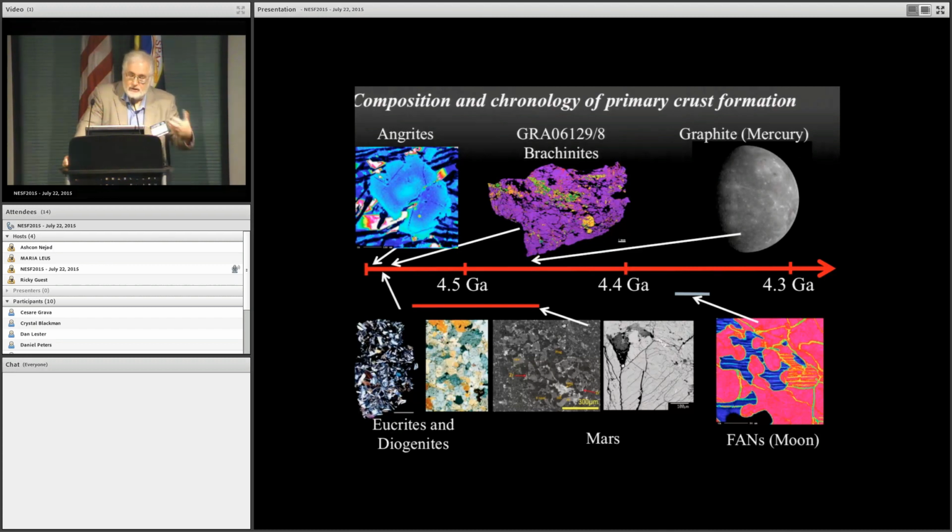On Mars, there are several ancient rocks, such as Allan Hills 84001, which is an orthopyroxenite, but also there are some even slightly older rocks that are classed in some of these Martian breccias that are essentially very exotic, that consist of pyroxene, ilmenite, and apatite. But those are on the order of 4.4 billion years old.